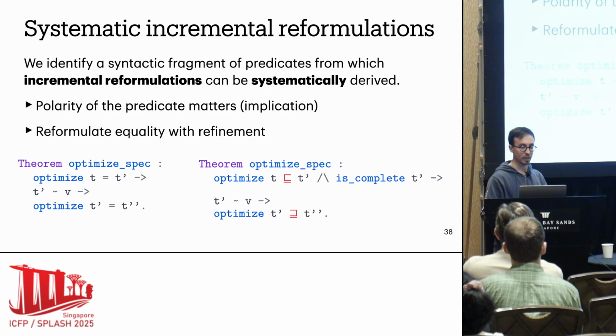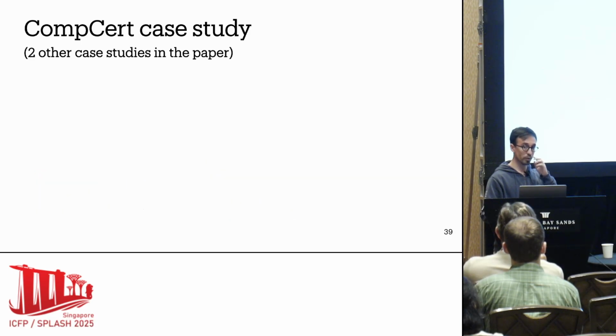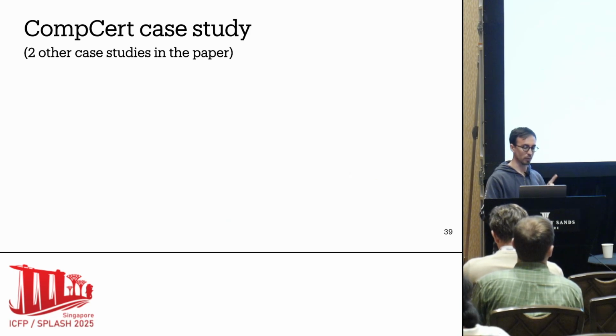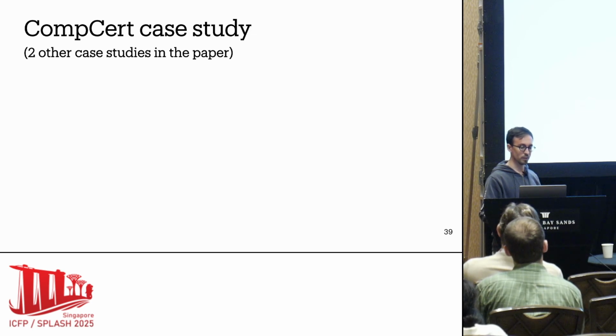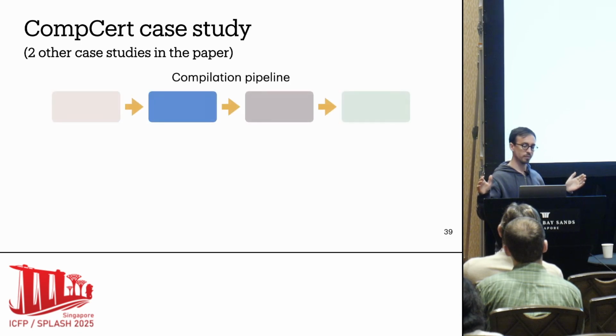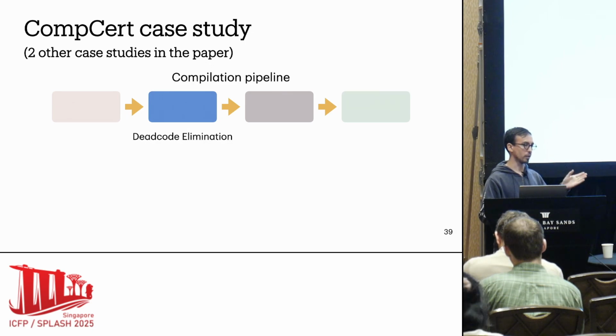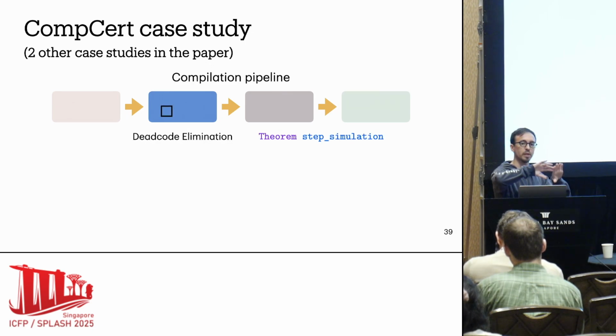Once we had this, we implemented a Coq prototype with type classes, and we did three case studies, but I'm only going to show one, which is with CompCert. We took the whole compilation pass, in particular the dead code elimination pass, and we made it incomplete. We basically took one branch of code and removed it.